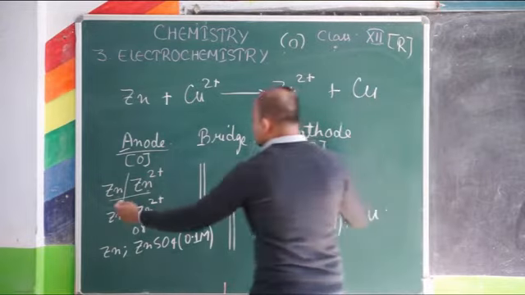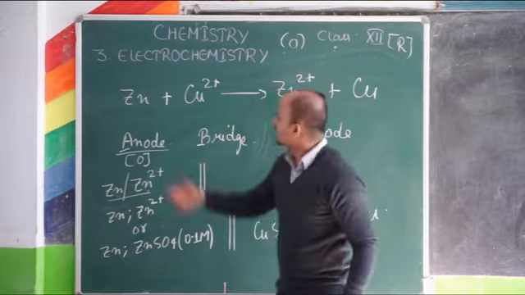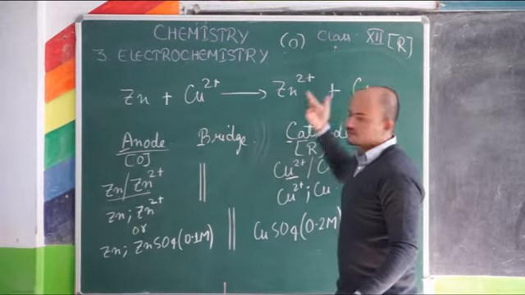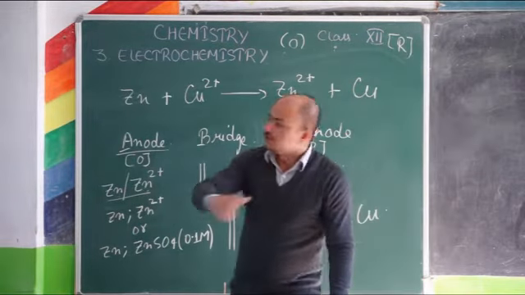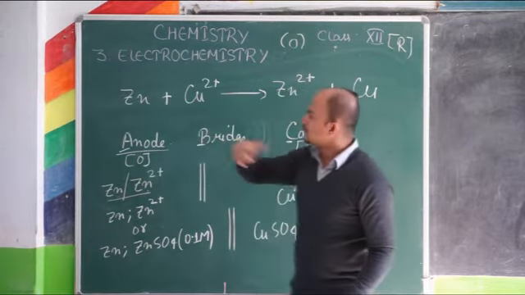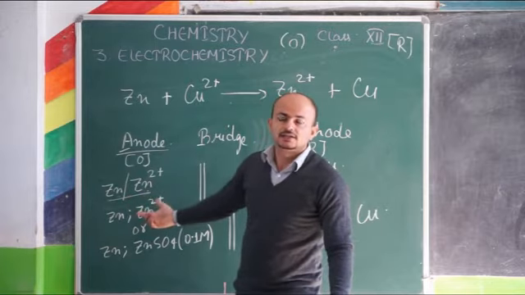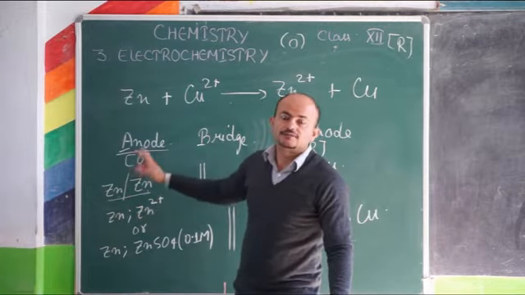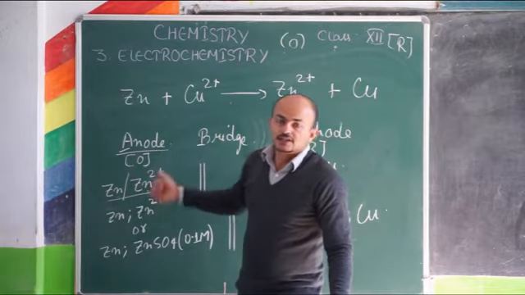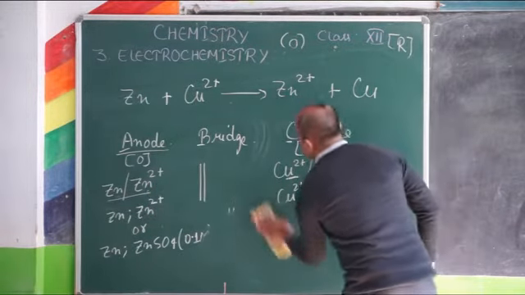Whenever you connect them together, you get one full working cell. And the reaction of that full working cell is this particular reaction. Now here you might be asked to write this reaction from the cell notation, or the reaction will be given and you have to write the cell notation. Either of the two ways can be asked in your examination. Please learn this properly.